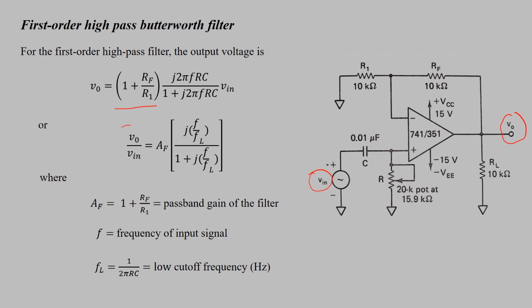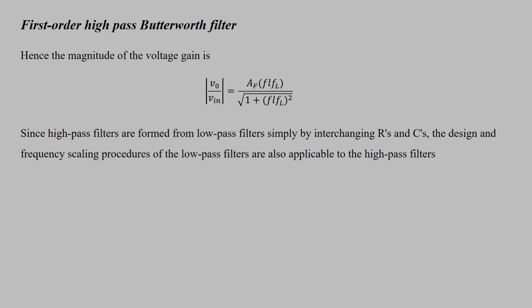Now V0 by Vin is AF into j F by FL over 1 plus j F by FL, where F is the frequency variable, FL is the low cutoff frequency of this high pass filter, AF is the passband gain of this filter, and FL can be written as 1 over 2 pi RC. Hence, the magnitude of voltage gain V0 by Vin can be written as AF into F by FL divided by square root of 1 plus F by FL squared.